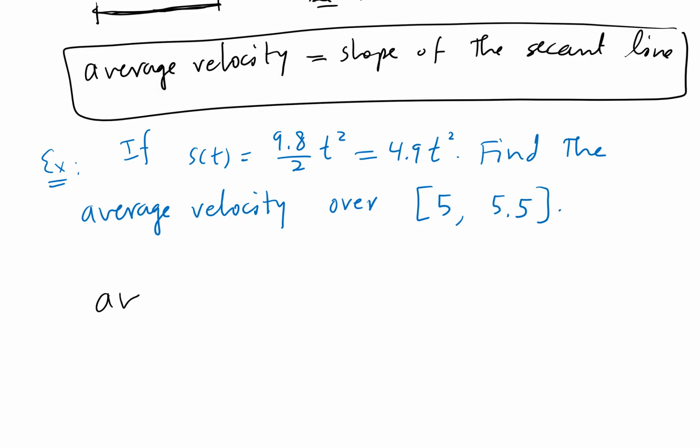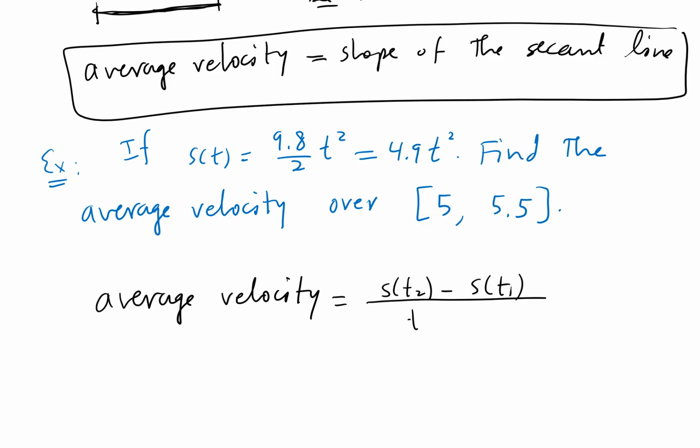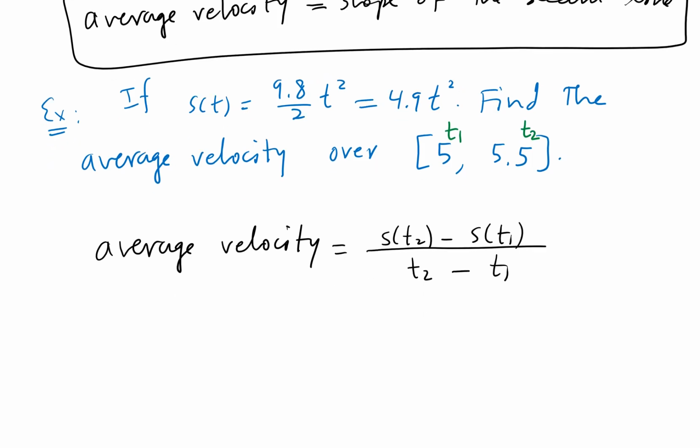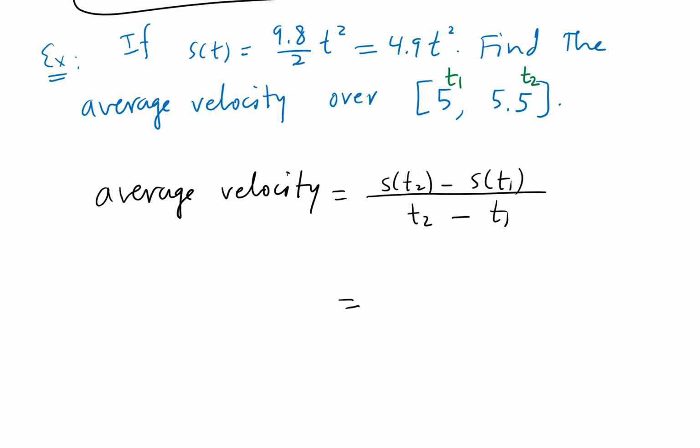Well, we define the average velocity to be s of t2 minus s of t1 over t2 minus t1. So this is t1, this is t2. So we can find it by finding s of 5.5, that's t2, minus s of 5 over 5.5 minus 5.